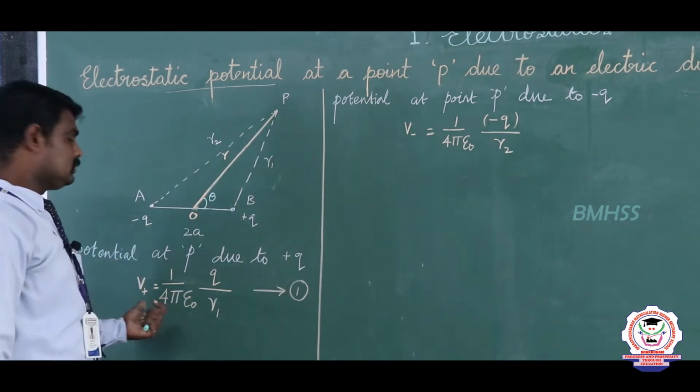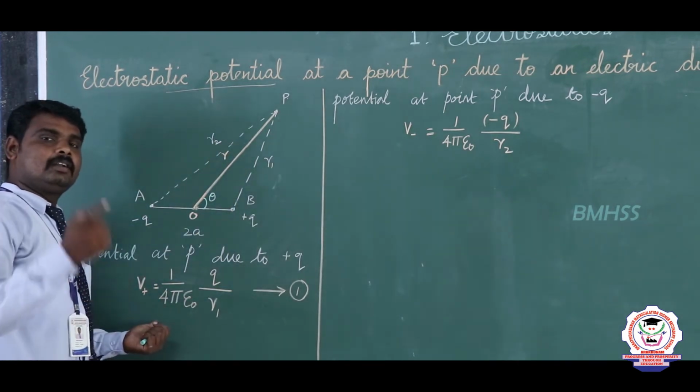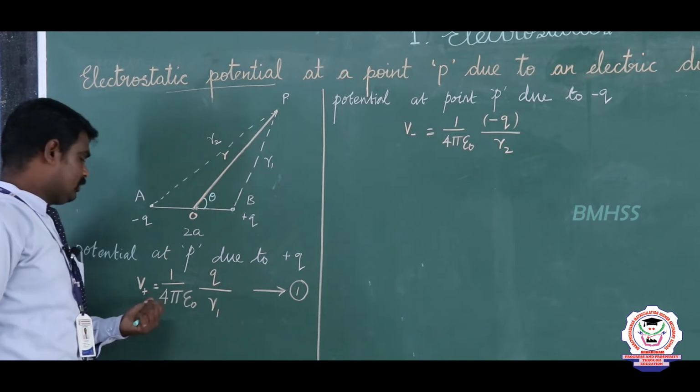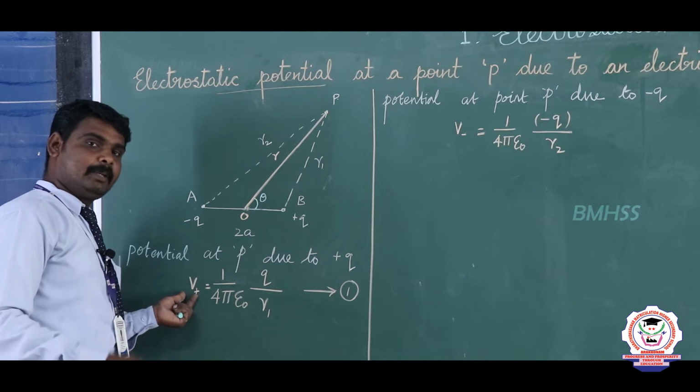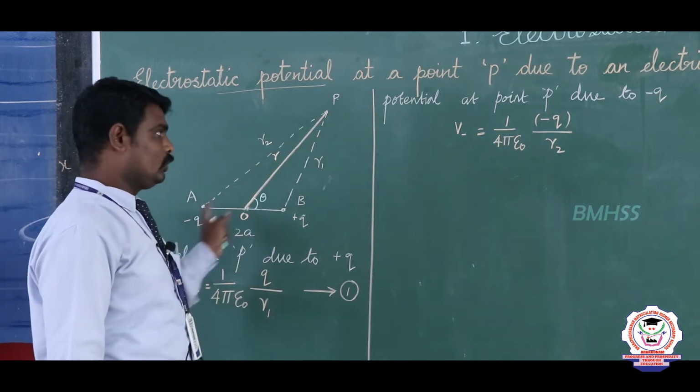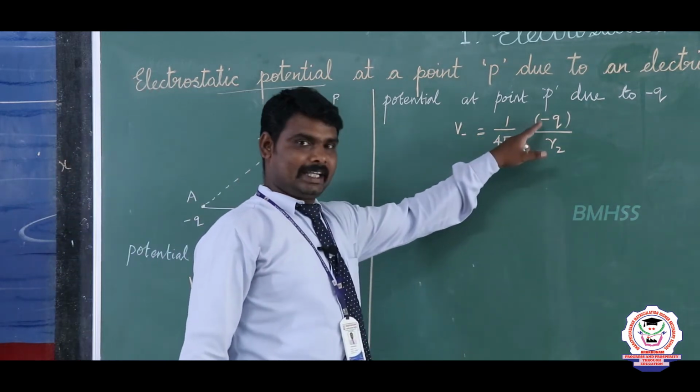This we already saw in the previous video. If the charge is positive, the potential will be positive. If the charge is negative, the potential is also negative.